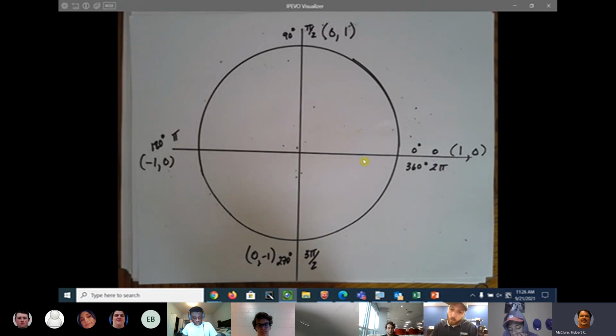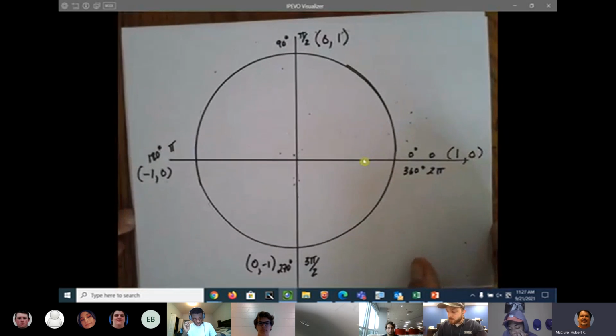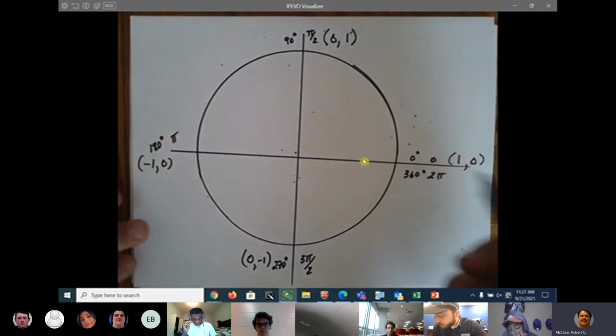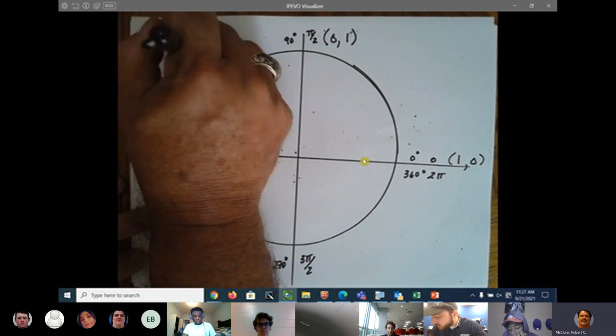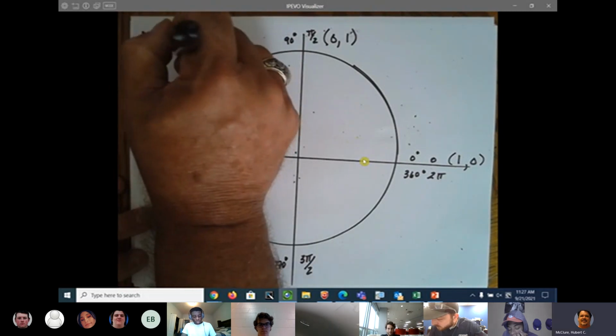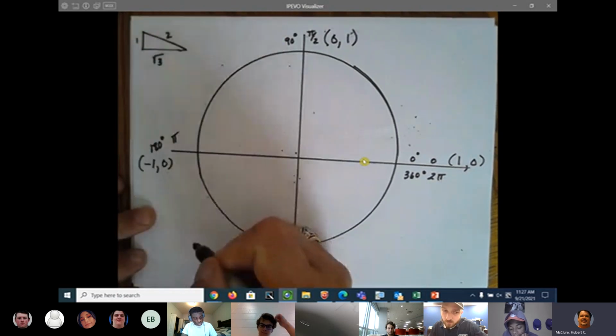Okay, now we also know that the unit circle is made up of 3 special angles. Those 3 special angles are the 30-degree angle, which is 1, square root of 3, 2.